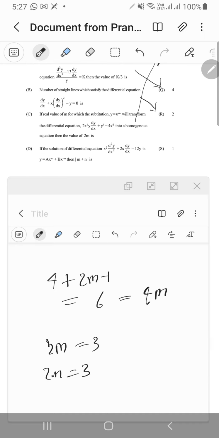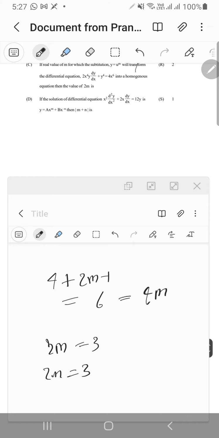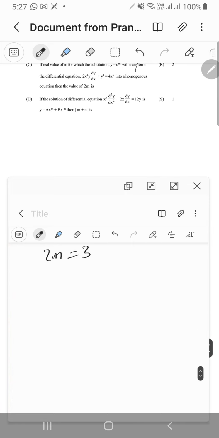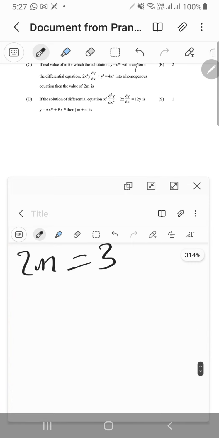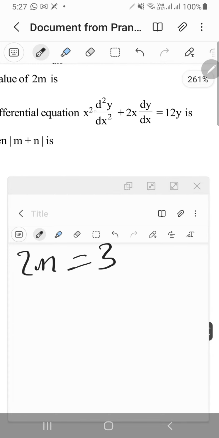Cool. If the solution of this differential equation is this thing, then m plus n is, just put this inside that and get the value. Of course, that's all there is. But I want to do it some other way. Think about it. Look at x squared, its derivative is 2x, and dy by dx, its derivative is d squared y.